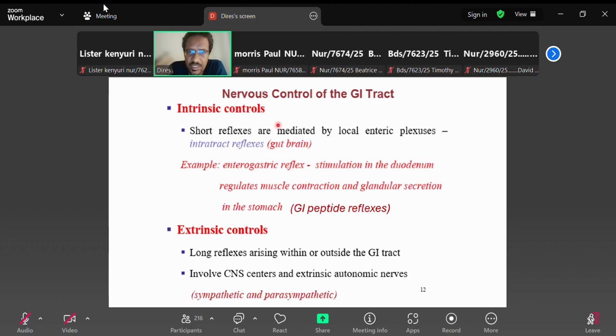If there is too much acidic content reaching the duodenum, it secretes these peptides, and these peptides affect the stomach in some way. So what kind of response do you expect in the stomach? Anyone who can try? You can either turn on the microphone and speak, or you can just write on the chat section.